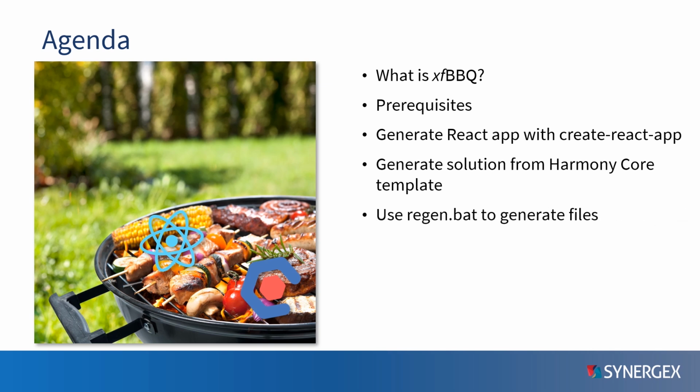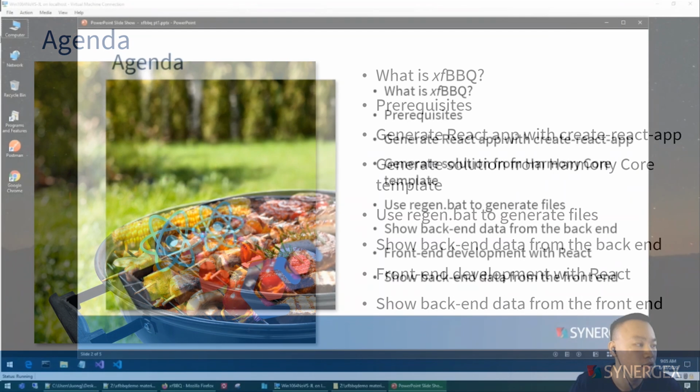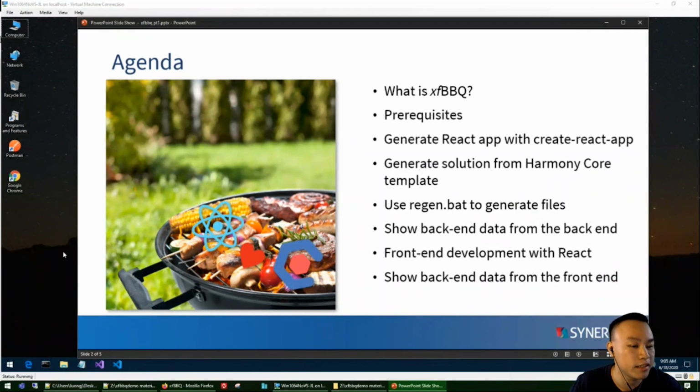We're going to use regen.bat to generate files for use in Harmony Core, and then we're going to show the backend data from the backend using Postman. After that, we're going to do front-end development with React, and then we're going to show the backend data from the front end. Let's go ahead and get started.